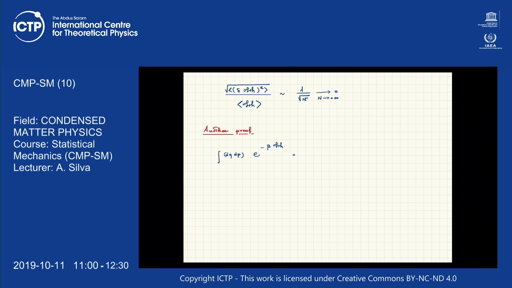I can write it as the integral dE, integral dq dp, delta of E minus h, e to the minus beta h, or e to the minus beta E, for what it matters. Right? You see that I can certainly do that.